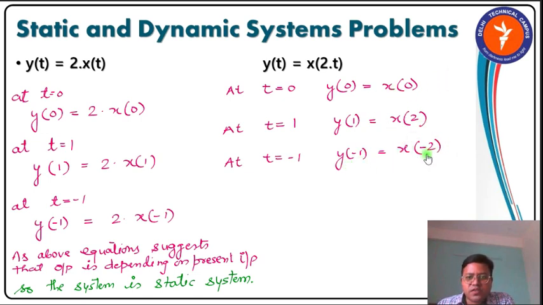So these three equations are saying that the output is depending upon the present input, the output is depending upon future inputs, and the output is depending on past inputs.